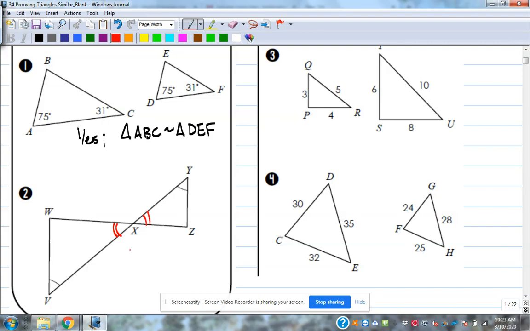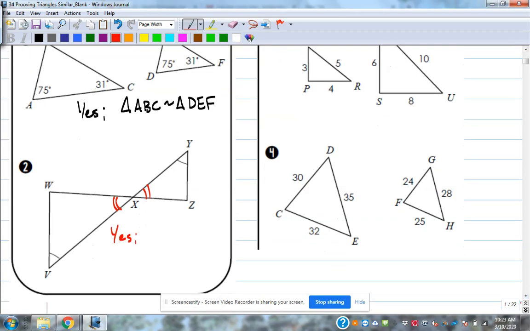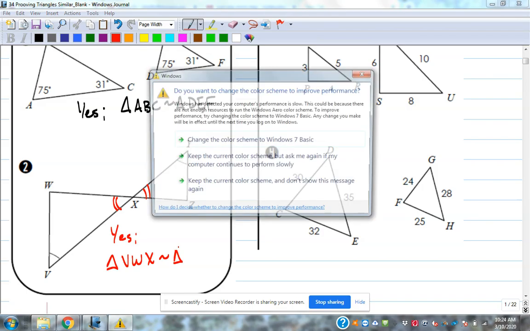So these are similar, and let's get the similarity statement for that. Let's name the big triangle first. Triangle VWX. If we name it in that order, then we need to name the other one in the correct order so that the similarity is right. YZX. All right.